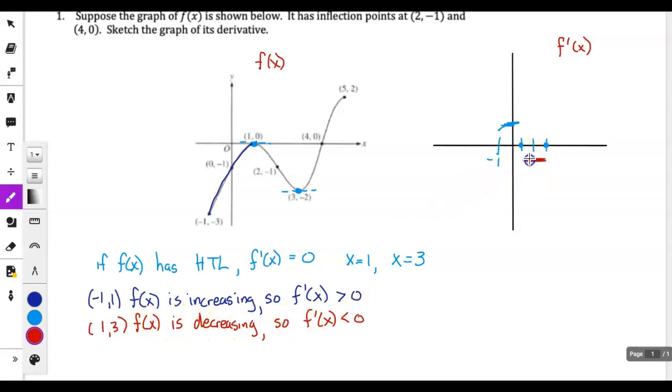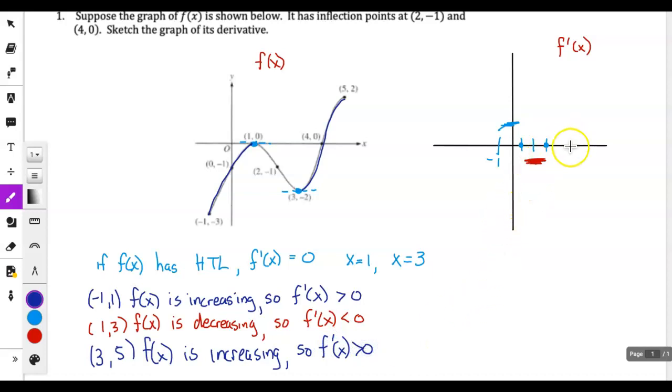So over here, the graph is going to have to go negative between those two x values. And then lastly, the original is increasing from 3 until 5, because it's increasing through there. So if f of x is increasing, then the derivative is going to have to be positive again. So from 3 to 5, and then the graph's going to end because I don't have arrows at the end here.